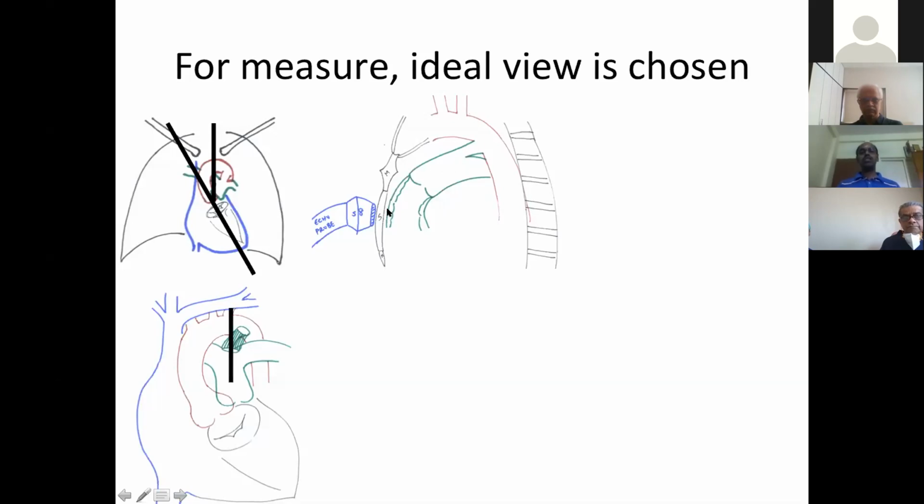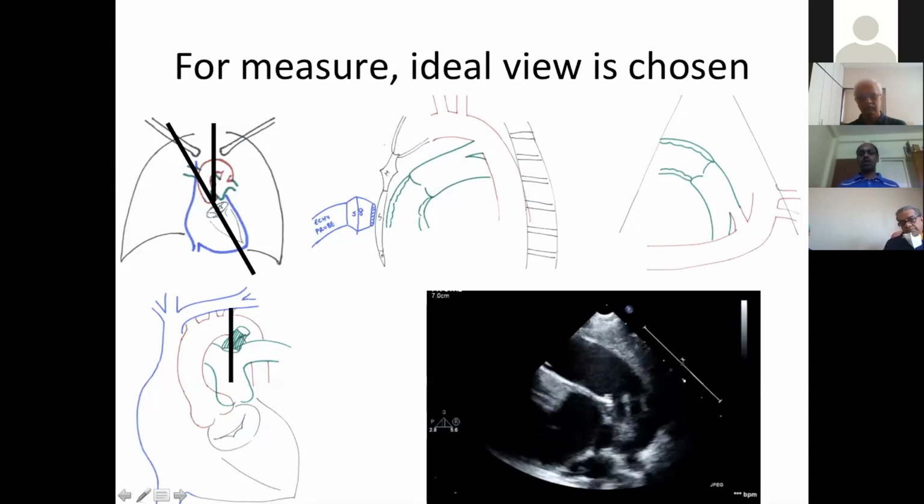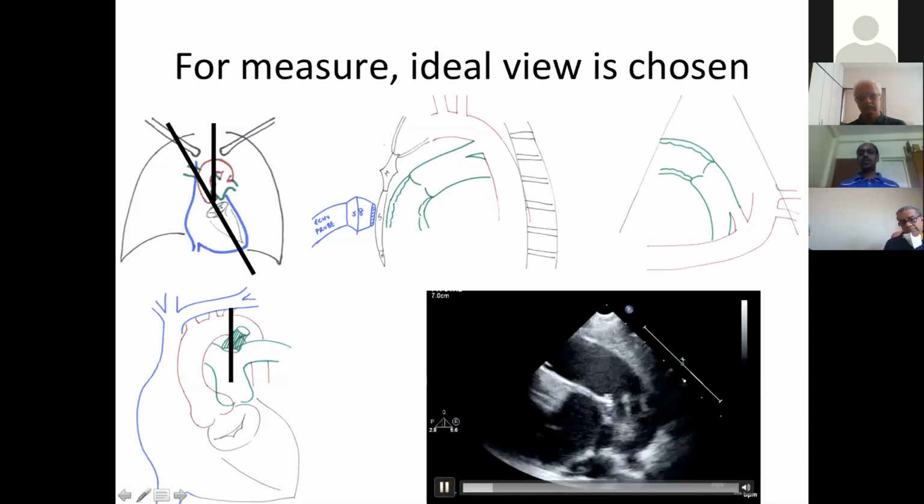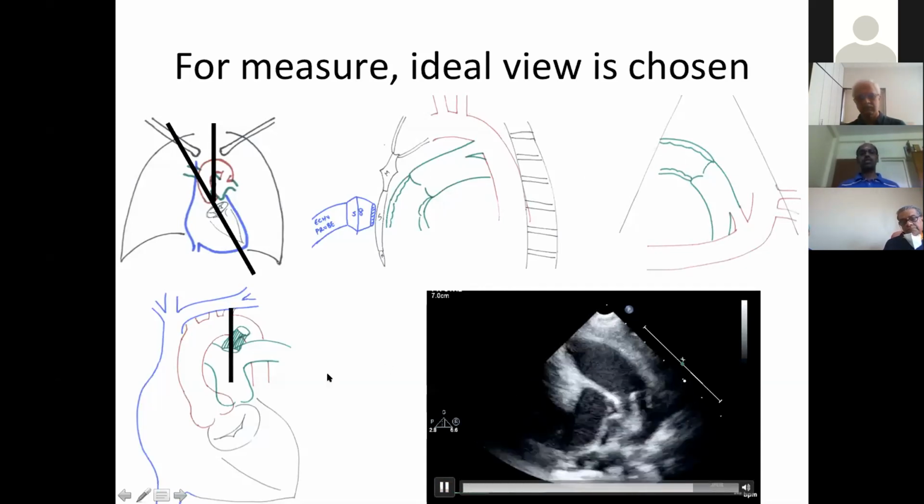And how is this image going to be transmitted on the echo screen? The echo screen is going to invert it 90 degrees and show the right ventricular outflow tract, pulmonary valve, main pulmonary artery, and this ductus. And this is what we are going to be visualizing, and this is going to be the landmark for measuring a PDA to call what is the large PDA.